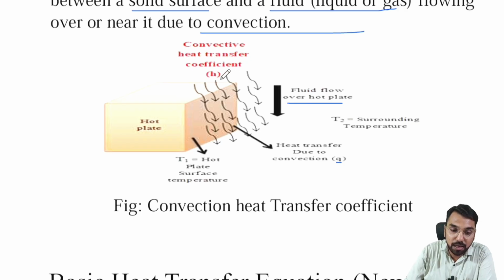Heat transfer is only possible when there is a temperature difference, and here it is present, but the flow of fluid and its properties like density, viscosity and velocity are summed up in the convective heat transfer coefficient, denoted as h.